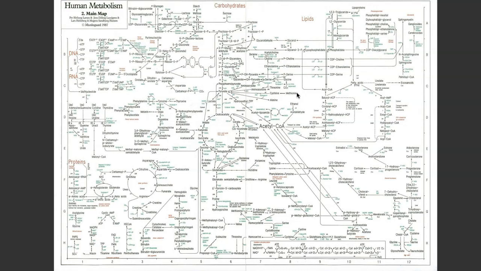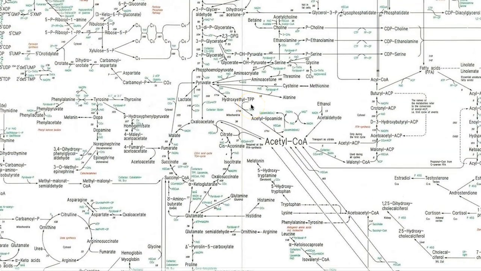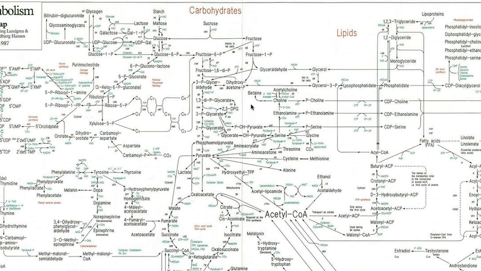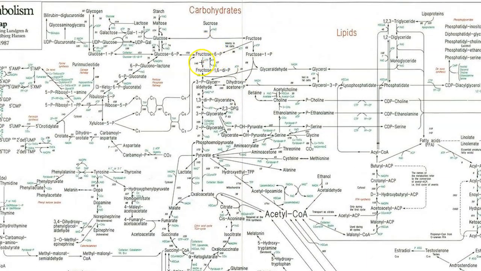So let's see if you can see this. Here's glucose, and here's pyruvate. So here's glycolysis right here. You can even see that there are other aspects. Here's lipids. When you break down fats, they break down into different components and they can feed into glycolysis at different parts of this pathway.